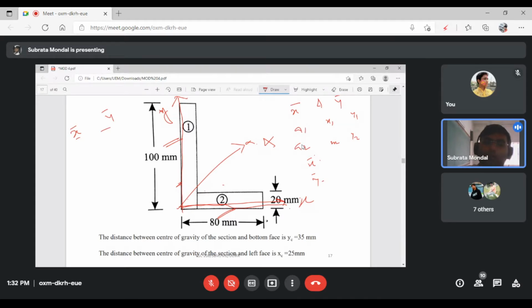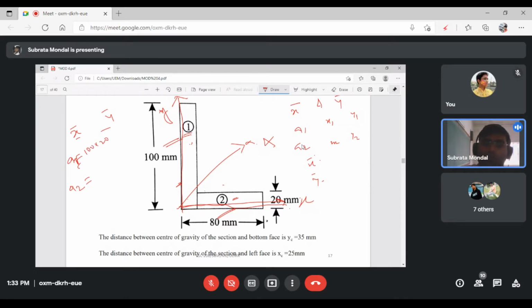So how do you proceed for that? You need to calculate the area. Suppose I am considering this as 1 and this as 2. So area 1 and area 2, these two you have to identify first. Area 1 is 100 and 20, so it will be 100 into 20.